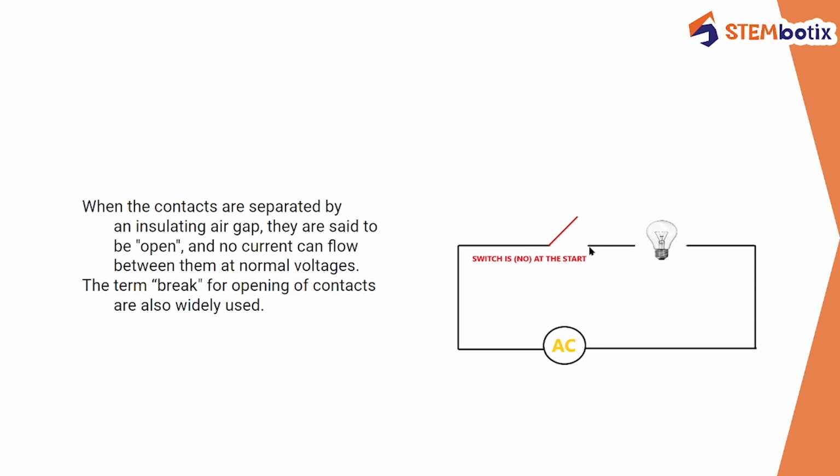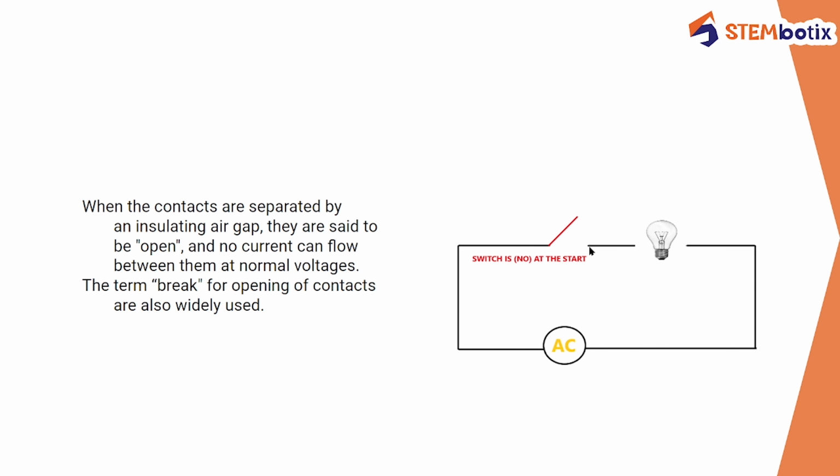The term break is also used for this kind of operation. So in normally open state, the conducting path is interrupted, hence the current through the device or load connected to the switch is in open path, and hence it is in off state.